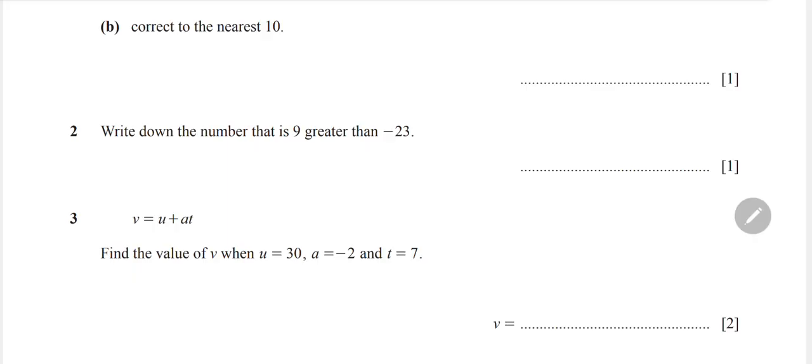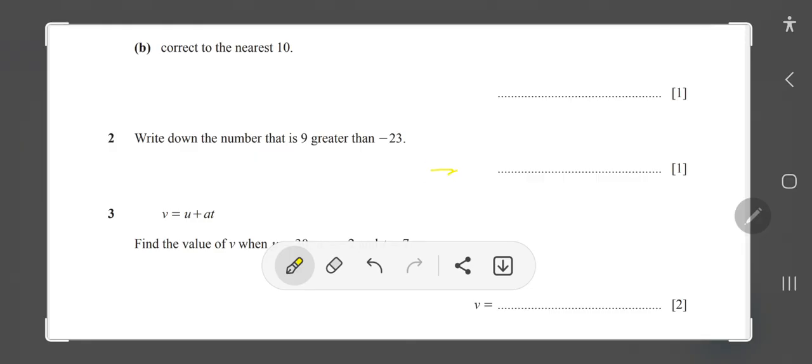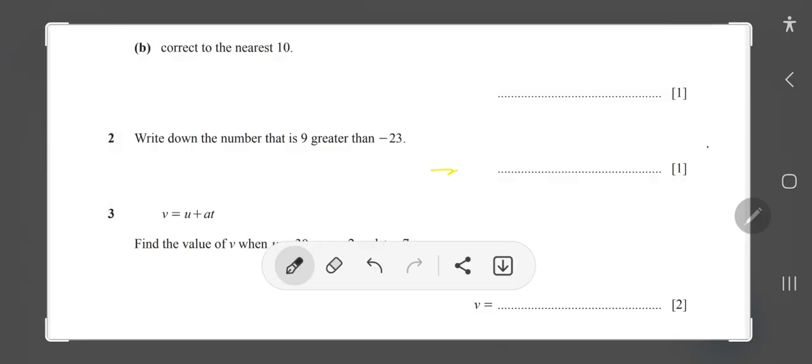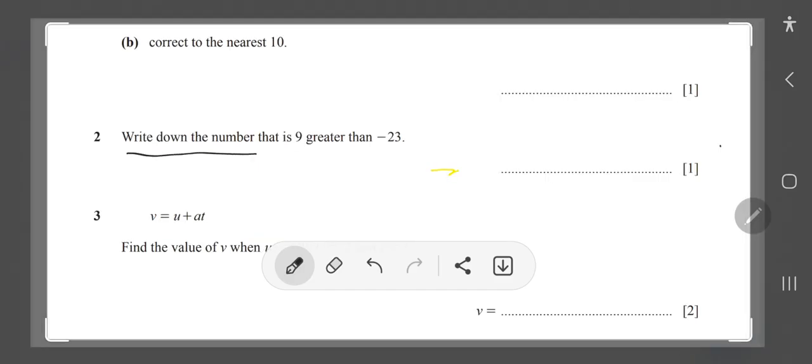Write down the number that is 9 greater than minus 23. We have a number line, and all numbers on the left side are negative, all numbers on the right side are positive.